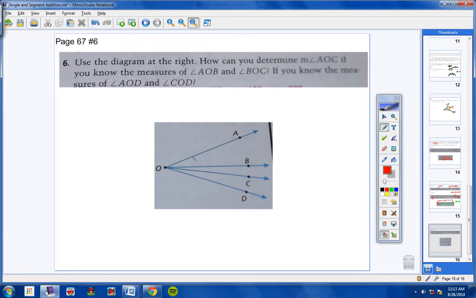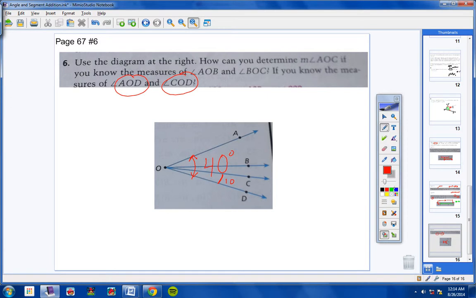Let's pretend this whole angle from here all the way to here is, I don't know, we'll say 40 degrees, okay? 40 degrees. And then this little angle right here, COD, which is the angle I know. I know the big angle, angle AOD, and we're going to say it's 40 degrees. We're just making that up. And then angle COD, we're going to say that little angle is, I don't know, we'll just say 10 degrees.